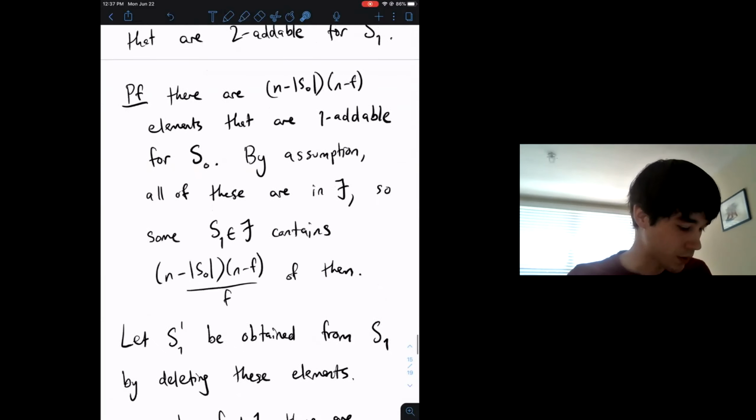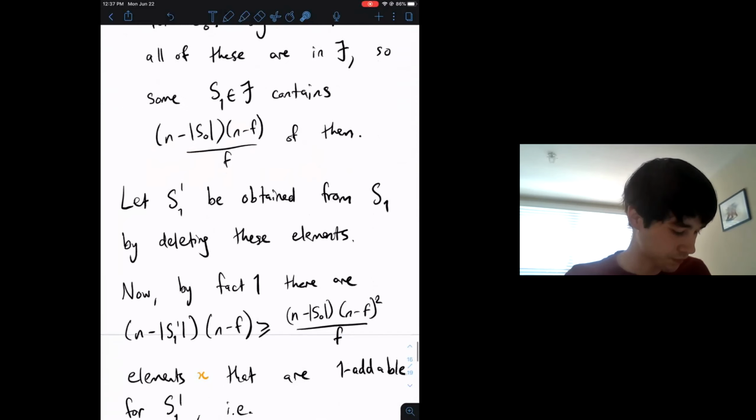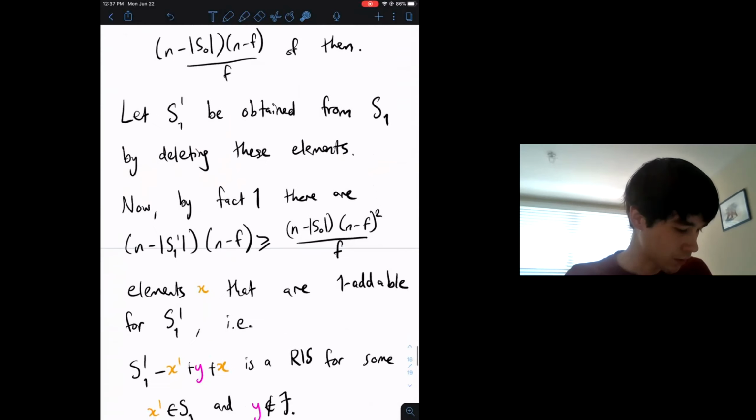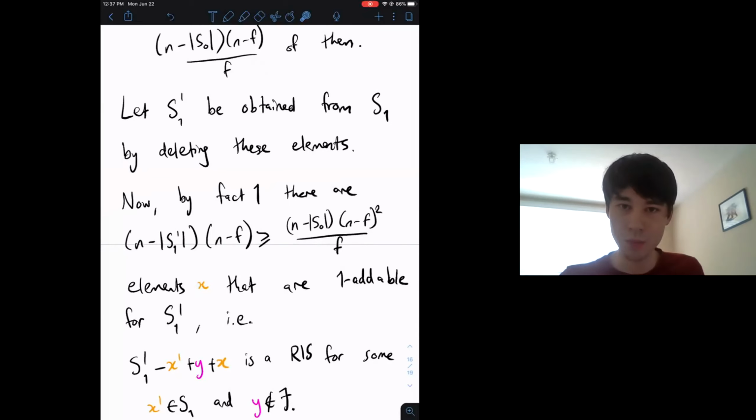Now I'm going to do a similar trick to this deletion thing I did before with one-outability. So I obtain S1 prime by deleting from S1 all those elements which were one-outable to S0. Now, since I've deleted some stuff, I get a smaller rainbow independent set, and I can just apply fact one again.